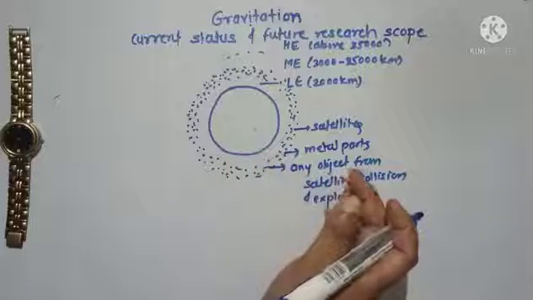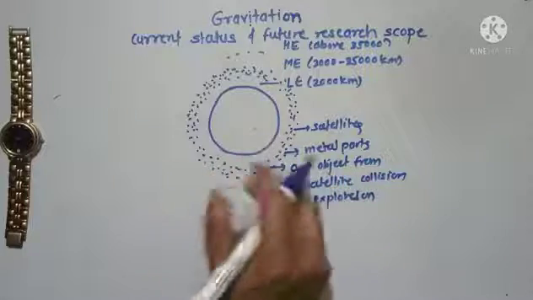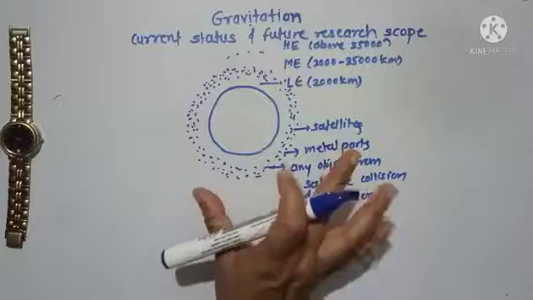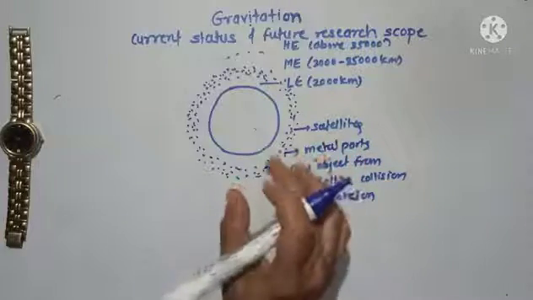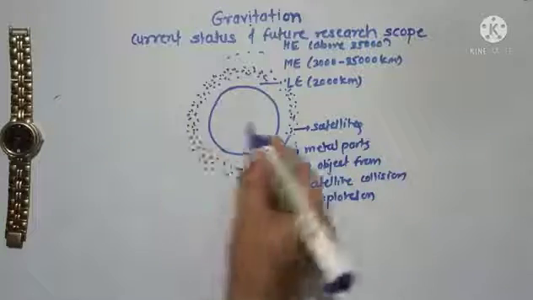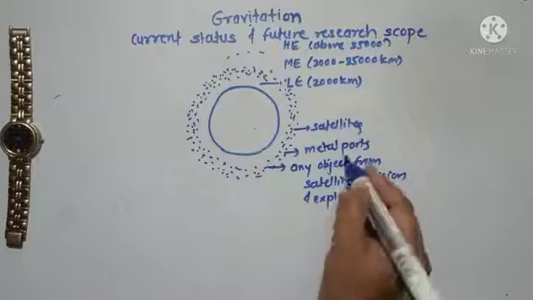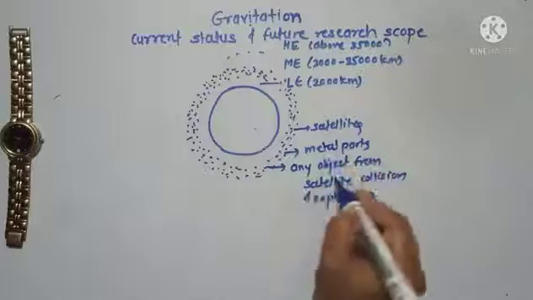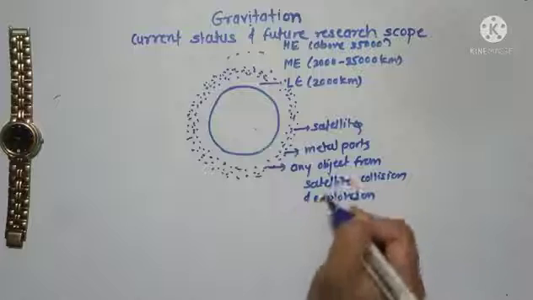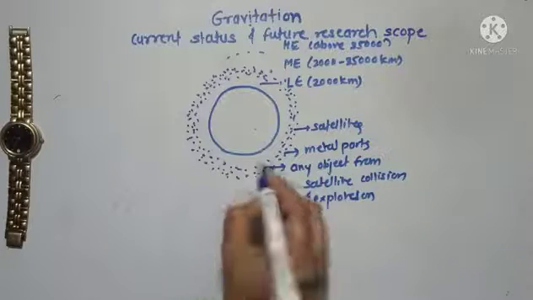When two objects moving with very high speed collide with each other, they just explode, and they form different particles, like these metal parts, or any object formed due to the explosion between any two satellites.